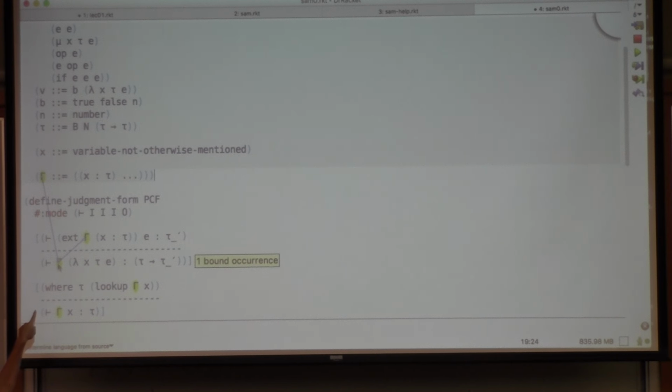So we're pattern matching based on the pattern that's up in the grammar, and then we're using the occurrence of the metavariable gamma here. We can hover over occurrences and see the pattern and where the binder is, and we can hover over binders and see where the occurrences are.